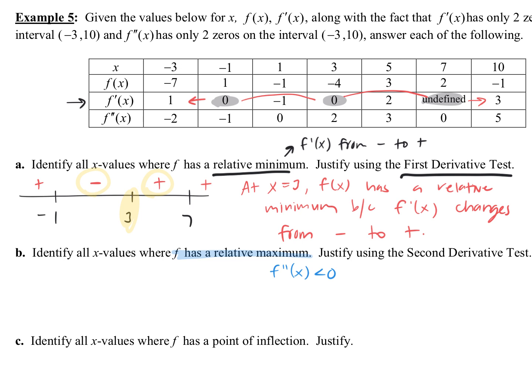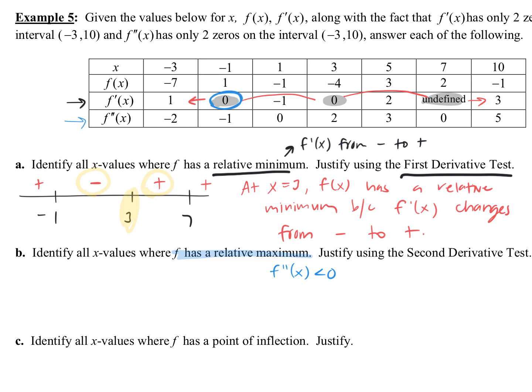So looking at my second derivative values, where are they less than 0? If I look back up here in my chart, they're less than 0 where? -3 and -1. But for our x values, where it's happening at, we have to use our first derivative zeros, right?